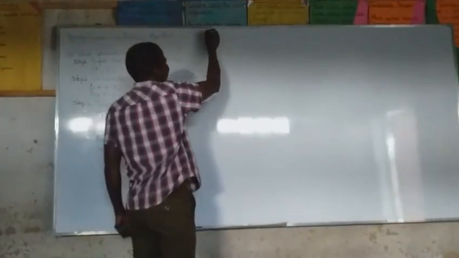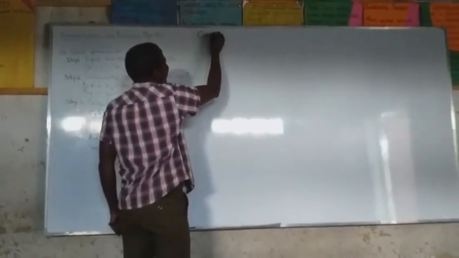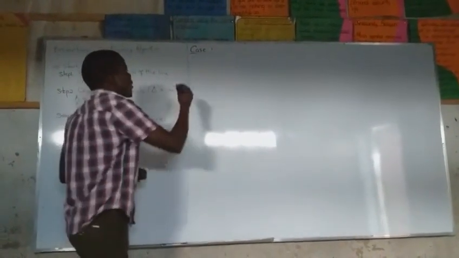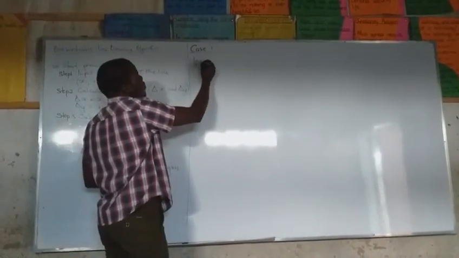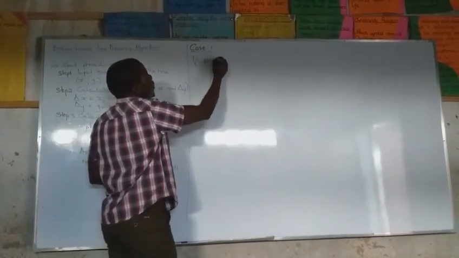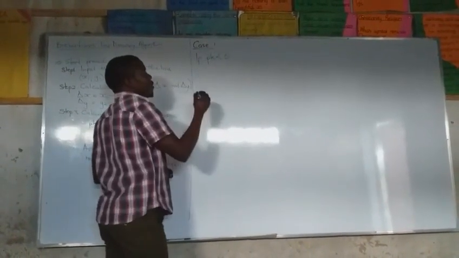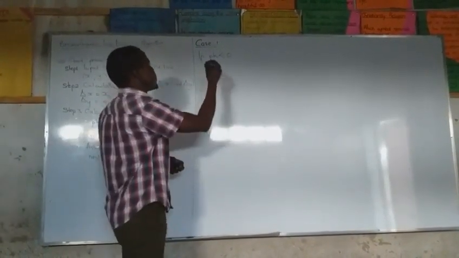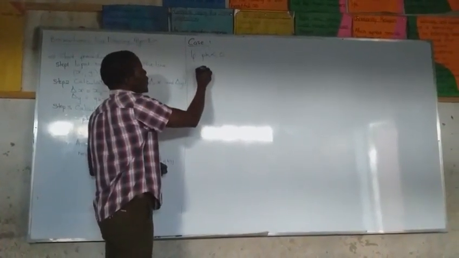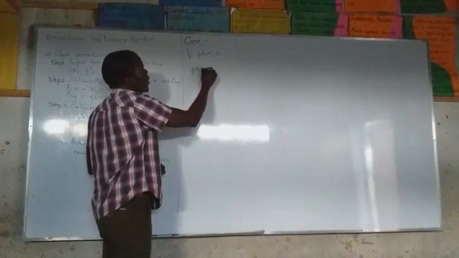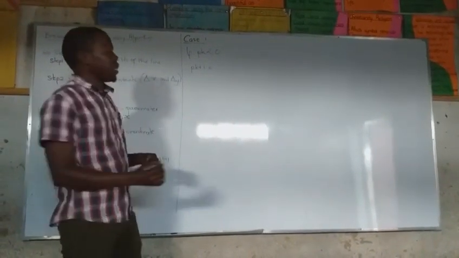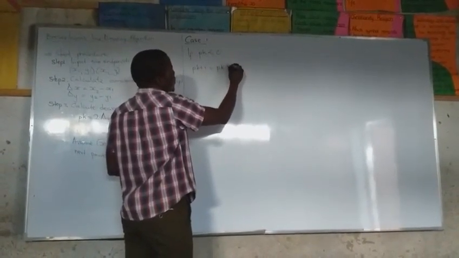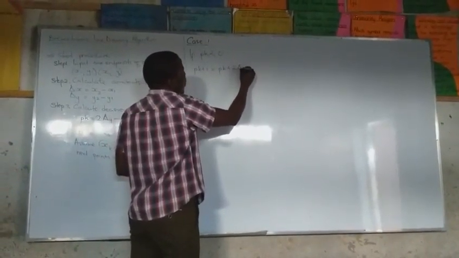Case 1: if the pk value is less than 0, our next decision parameter, pk plus 1, will be calculated as the current pk plus 2 delta y.